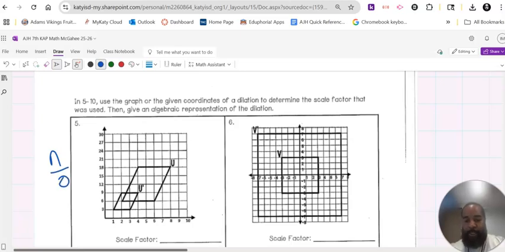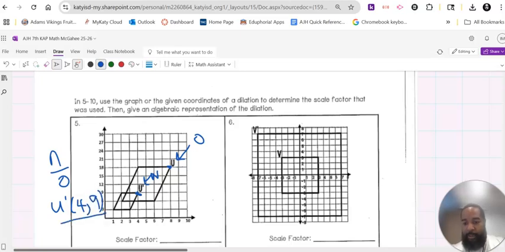So remember, in this one, the new is that right there, okay? Whereas this guy is my old, okay? So I'm going to take the new, and I'm going to use this point right here and this point right here. So I have 4 comma 9. So U prime is 4 comma 9.